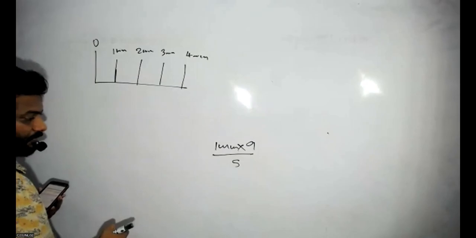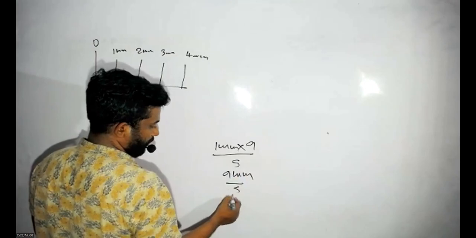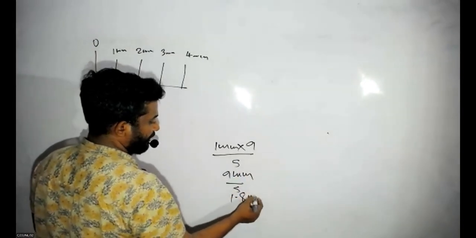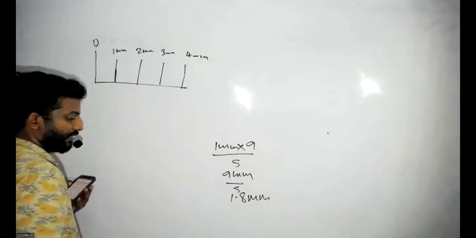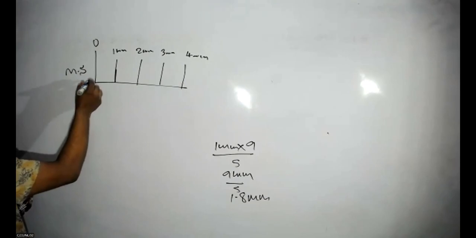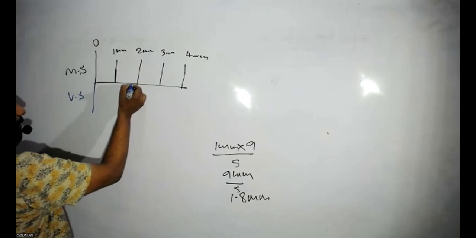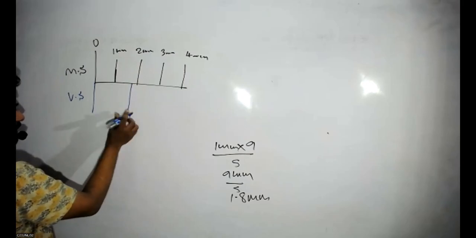That is, the length of a vernier division is 9 millimeter divided by 5, 1.8 millimeter. This is the length of a vernier division. Then you can draw the vernier scale. 1.8, this is the first vernier division.